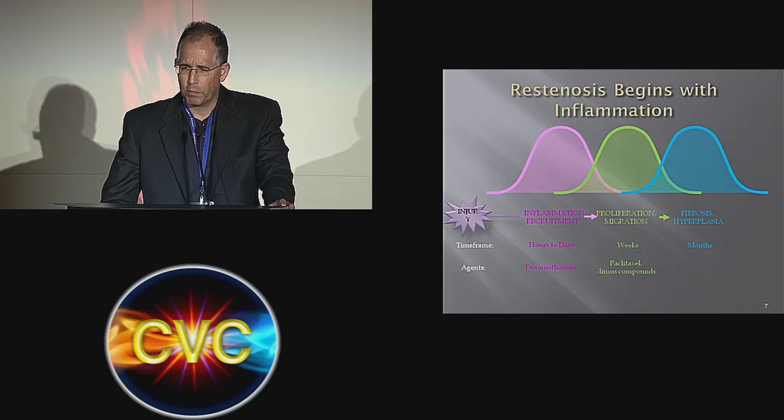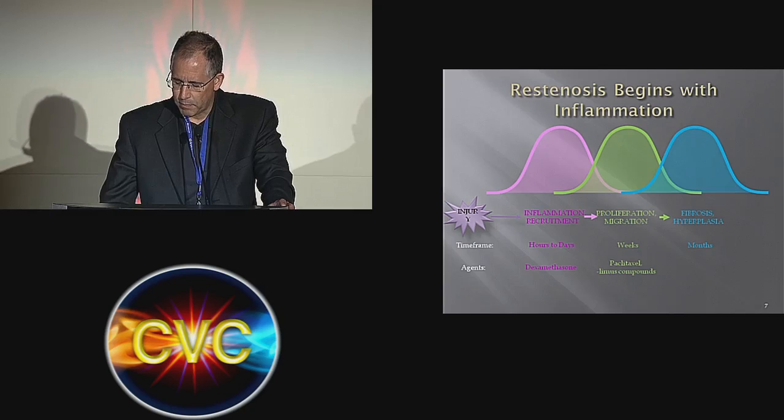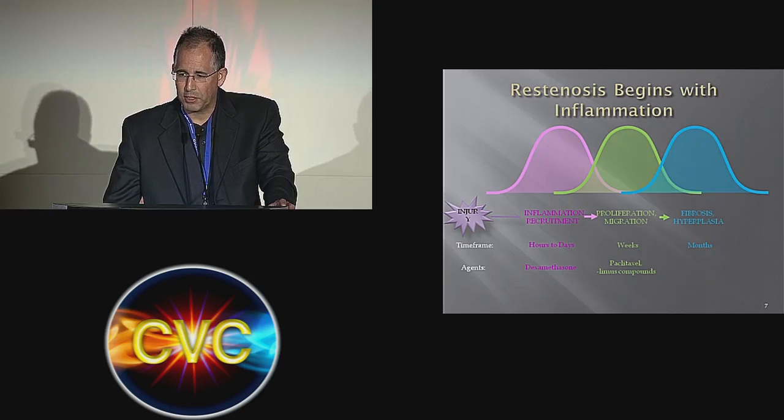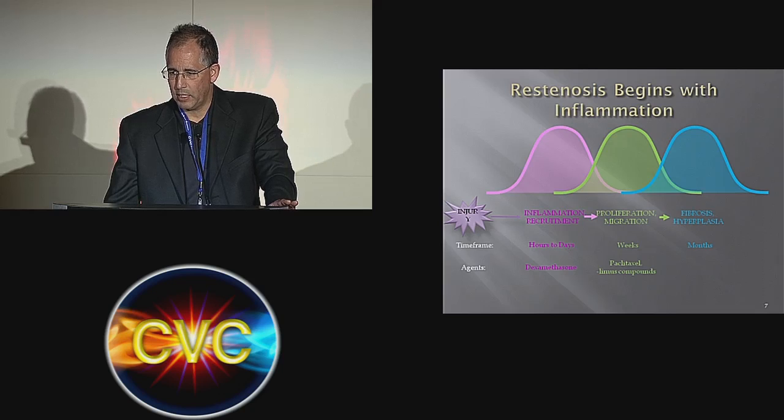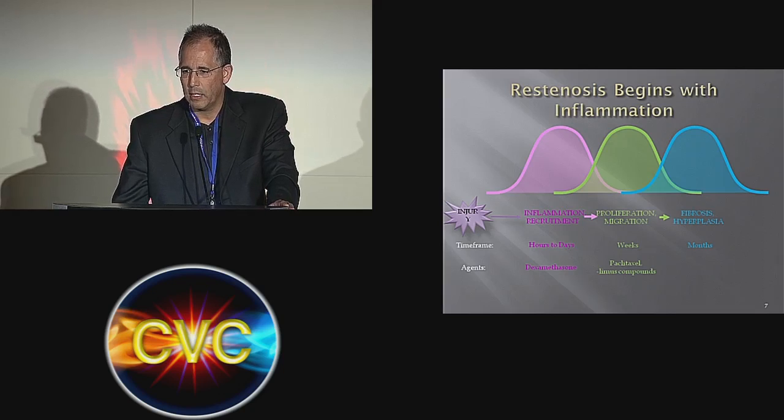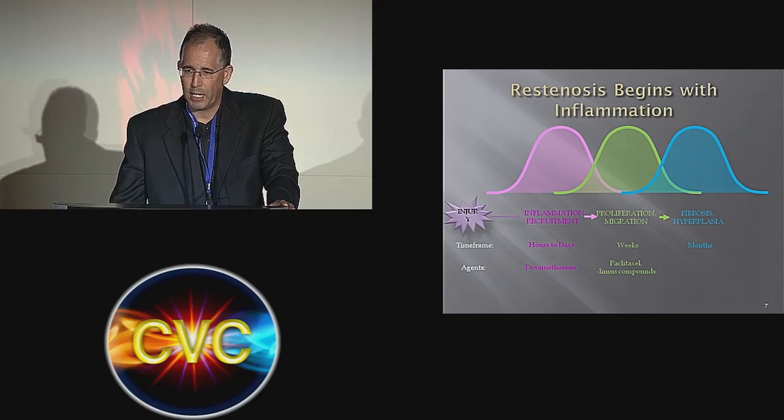So drug-coated balloons, we're treating the proliferative phase where we try and eliminate the intimal hyperplasia that can occur, but we have ignored the end phase, which is the fibrosis and hyperplasia, and we're not treating the inflammatory phase, which is at the beginning.